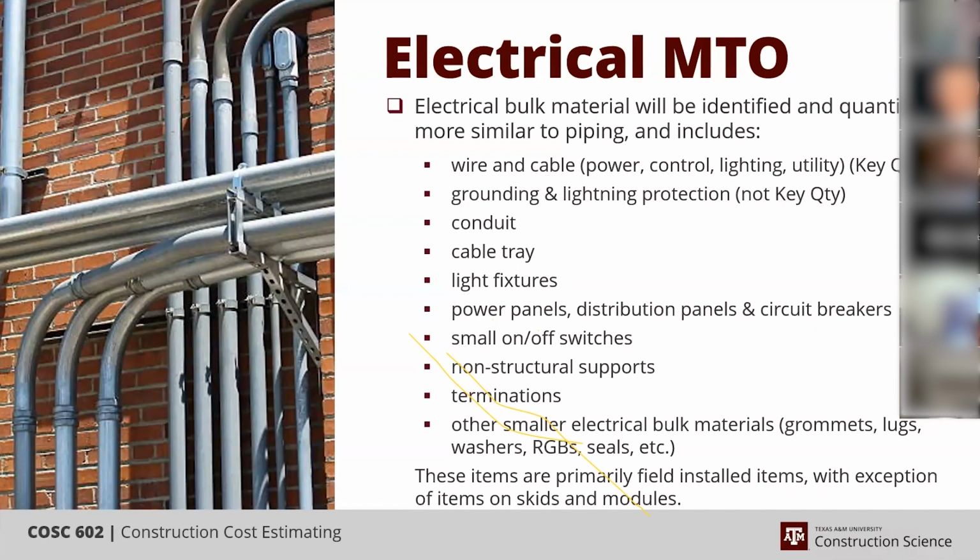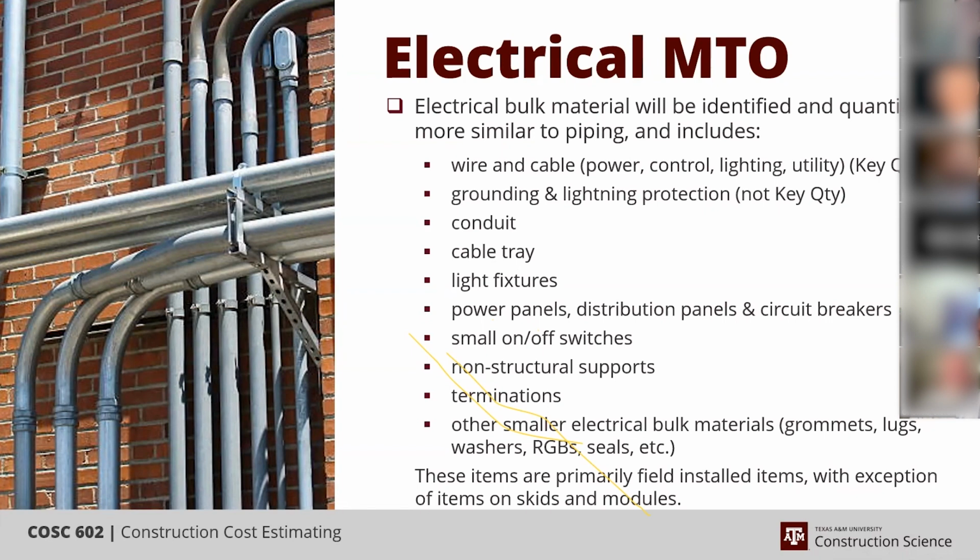Conduit, cable tray, those are also going to be in length, just like the cabling. But as we said earlier, your wire and cable that's to be counted as key quantity should be in lineal feet. Your grounding, lightning protection, conduit, and cable tray, they're also in length, but they should be in something other than lineal feet. They should be in just feet, or maybe lineal foot conduit, lineal foot tray, lineal foot grounding.